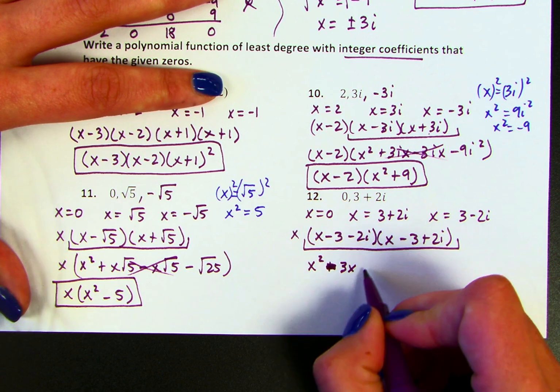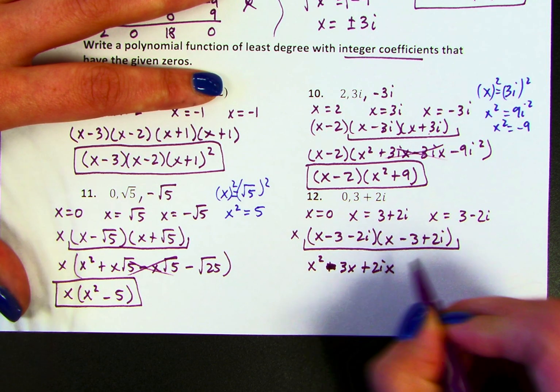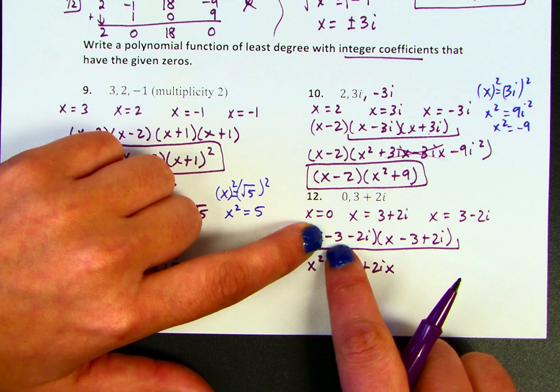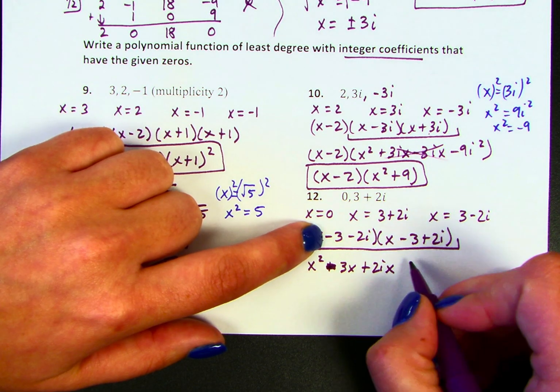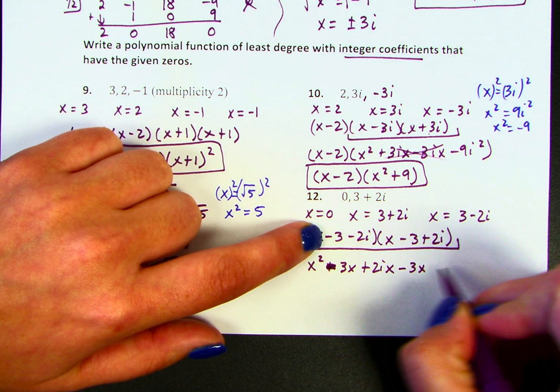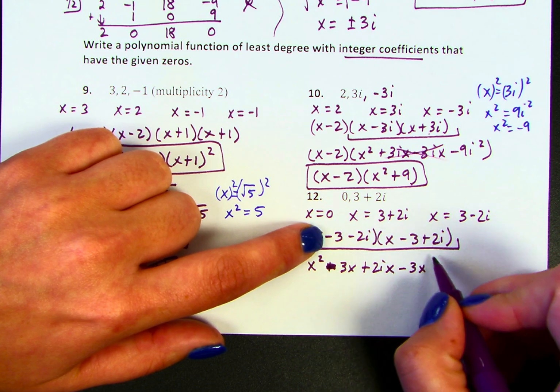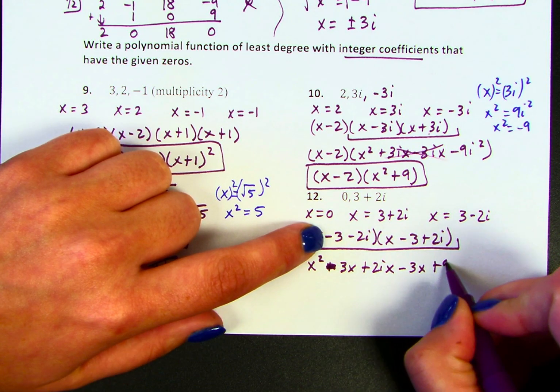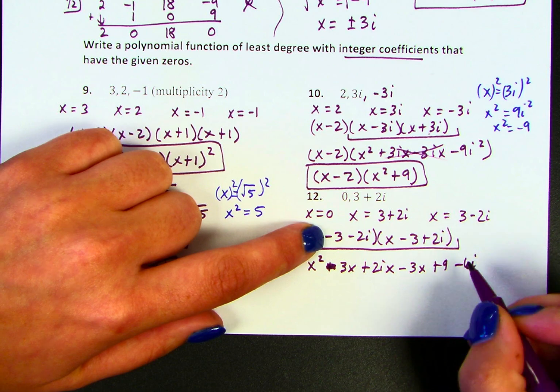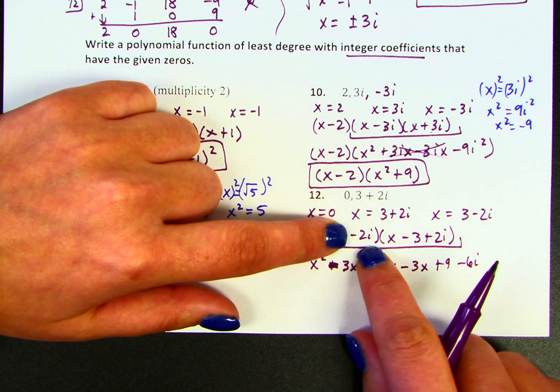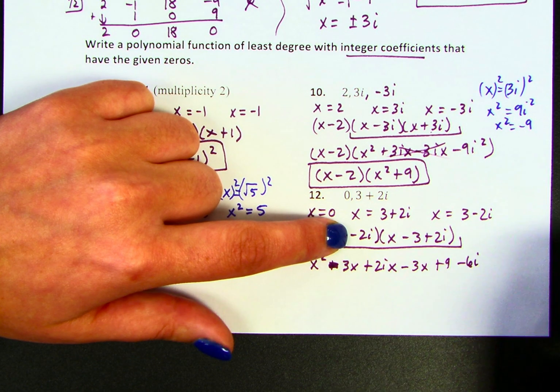3x plus 2ix. And then I'm taking the negative 3 and multiplying it to everything in the second group. So minus 3x plus 9 minus 6i. And then I'm going to that third term and doing the same thing where I'm multiplying it to everything in that last group.